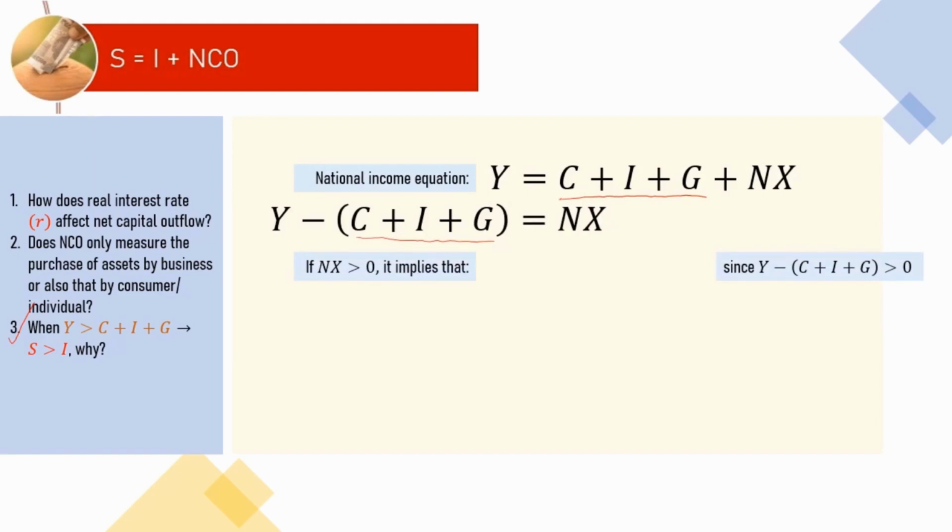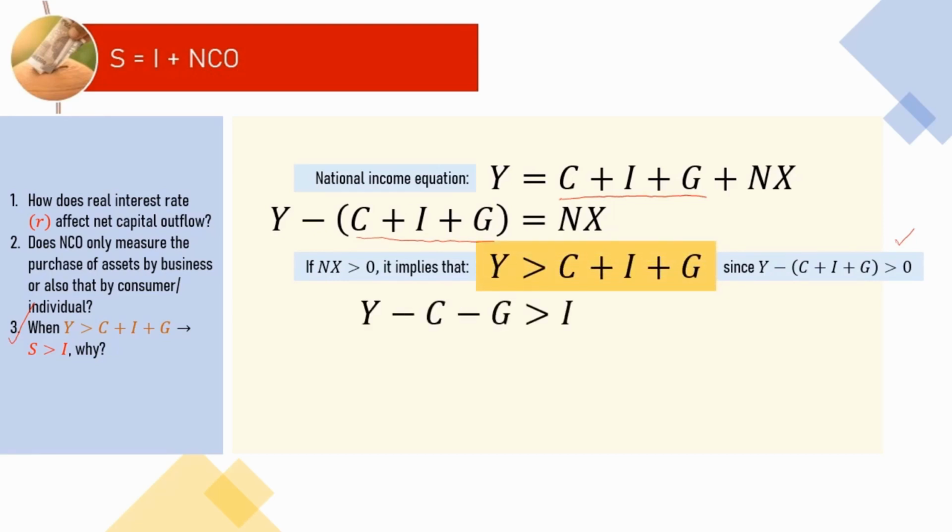Therefore, Y is bigger than spending. We may rearrange this inequality so that we have this. What is this? Right, the left side is saving. So when Y is bigger than the spending, saving will be bigger than investment.